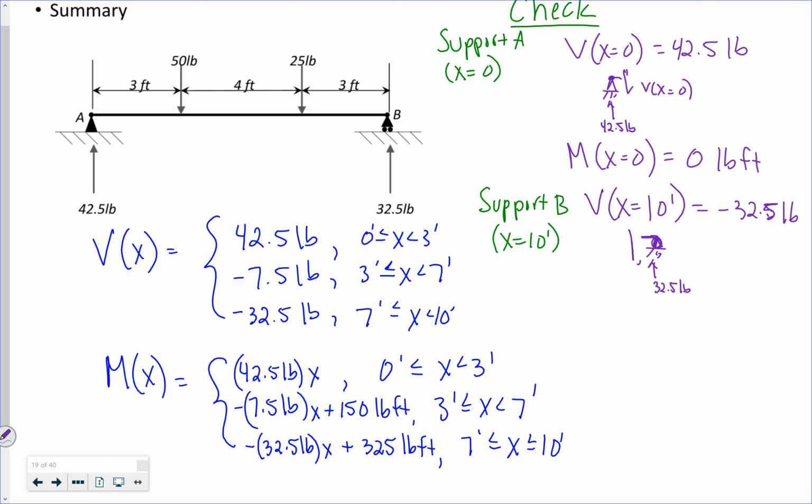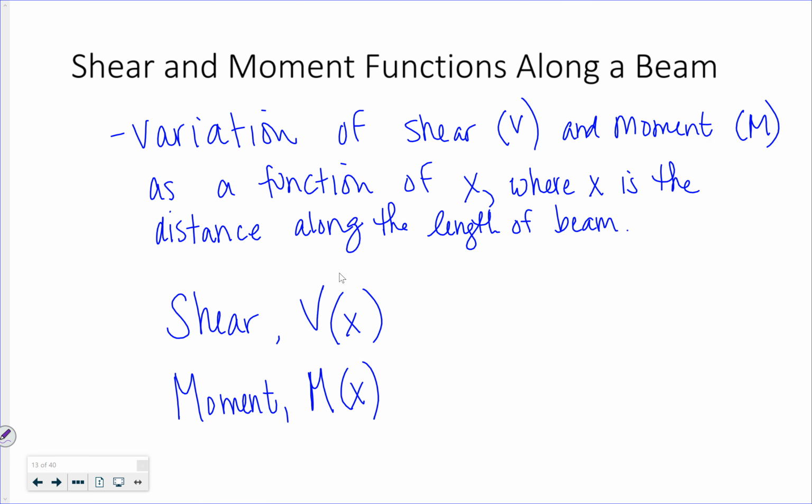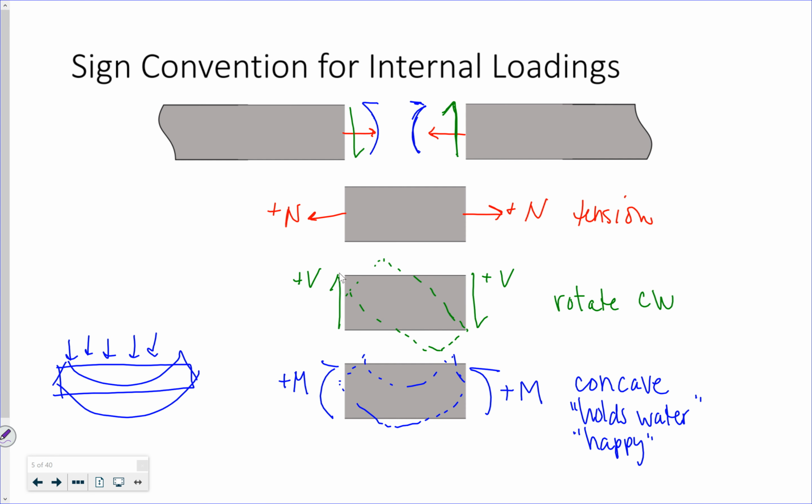All right. It's not acting down because it's negative. It's acting down because if I go back to my sign conventions, up is positive if I'm looking at the left side. The right side, good Lord.